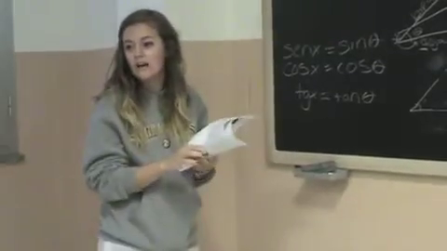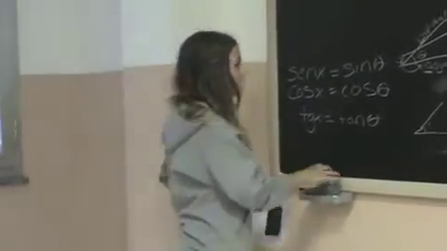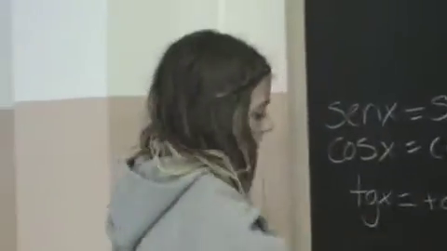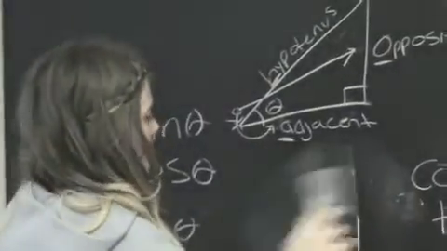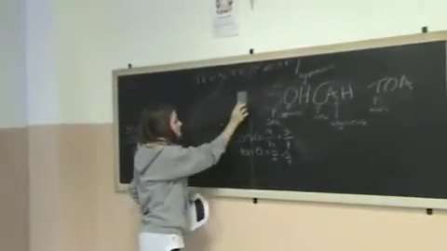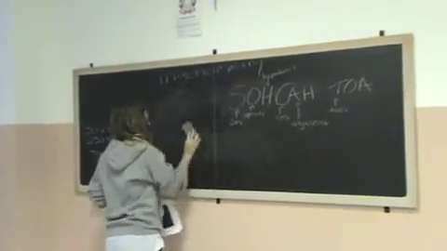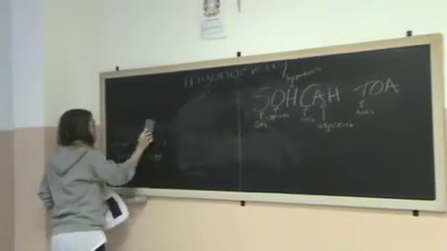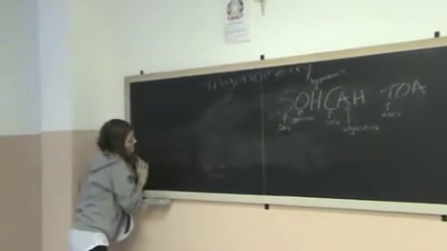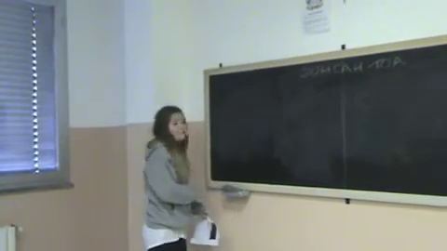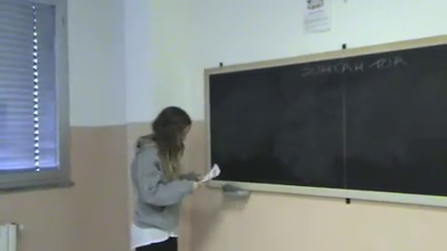So now we can do an exercise to see if we can use this in doing an equation. So I'm going to erase all of this. Alright, so now we'll do an exercise on the board.